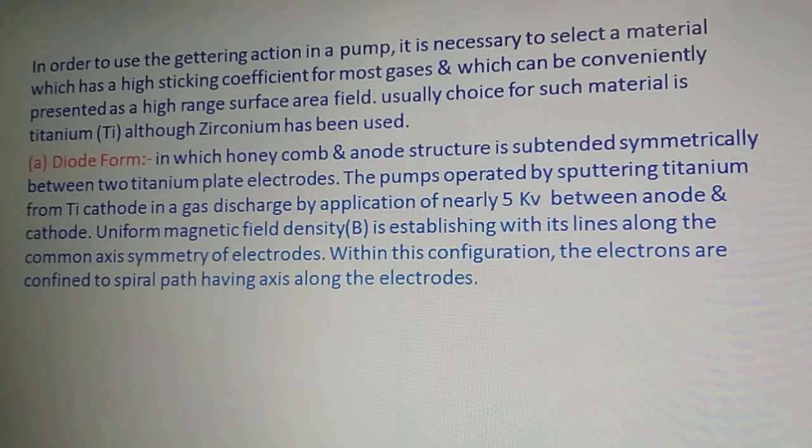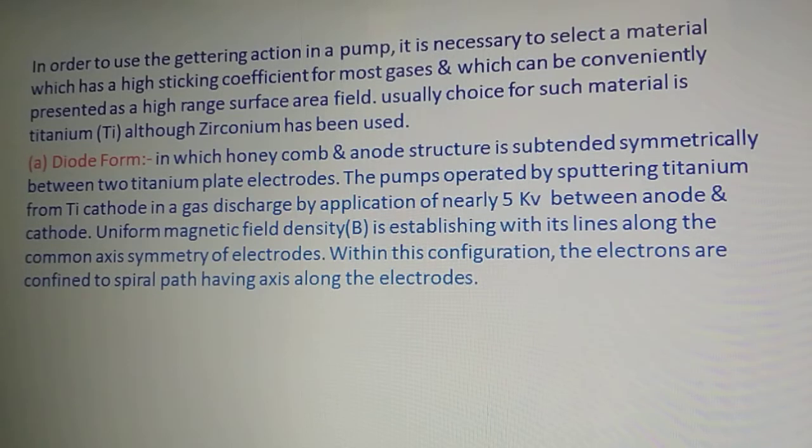So let's go first for the diode form, in which the honeycomb anode structure is sustained symmetrically between two titanium plate electrodes. These are the two titanium plate electrodes.